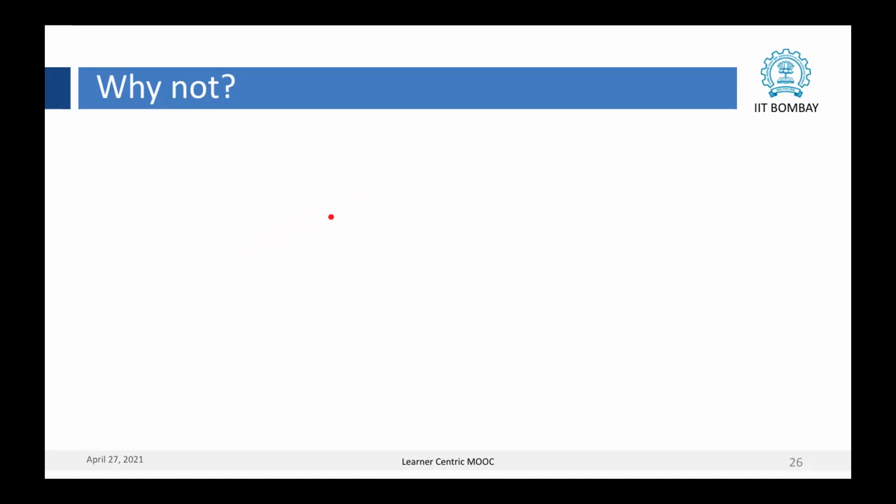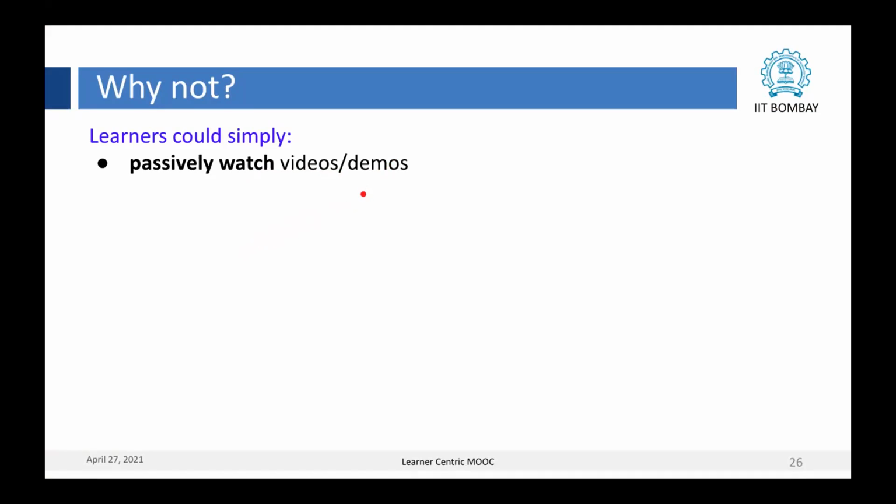Like I was telling you, in this particular scenario, learners could simply passively watch the videos and demonstrations, like watching a cricket match or a movie. They might not have any active engagement; they could simply be observers.